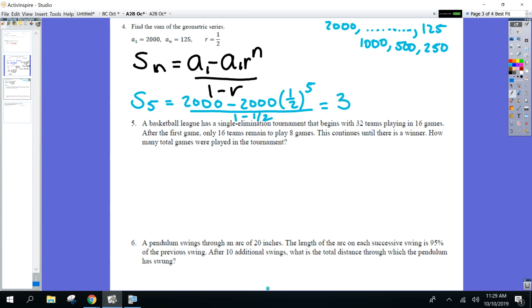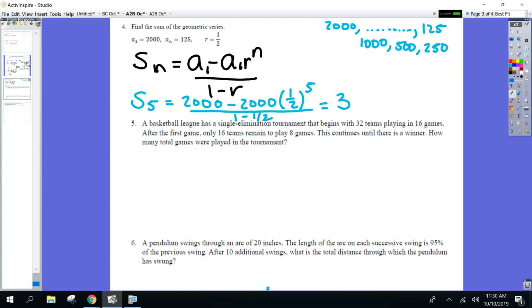Regroup. And then when you divide it by 1/2, let me know what you got. Yep, 3,000. I have 8,007.